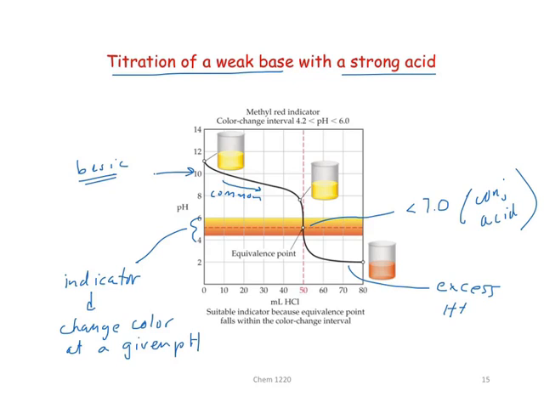All right? And we have different indicators which can change colors at different pHs. And so usually you select an indicator that has a color change near the equivalence point for the reaction that you're using. Okay?